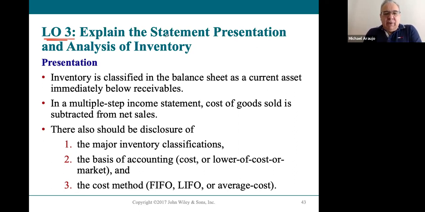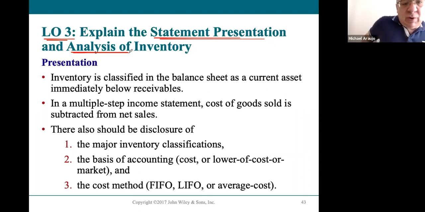One is looking at inventory on the balance sheet, because inventory is going to be on the balance sheet, and it is something to know about. Another is we're going to be introduced to some financial analysis of inventory. So you're going to get financial analysis piece by piece, part by part, all the way through until we get to that last chapter.